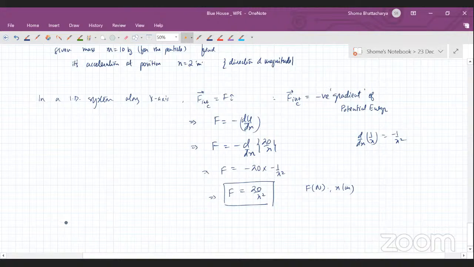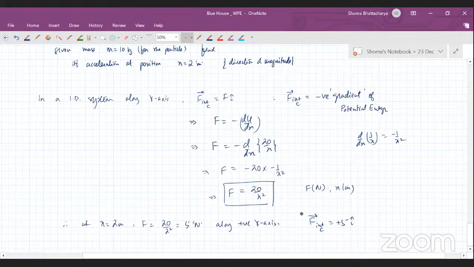So therefore, we can understand that at x equal to 2 meters, the force is 5 newtons along the positive x-axis. That is, the internal conservative force is plus 5 i cap in newtons.